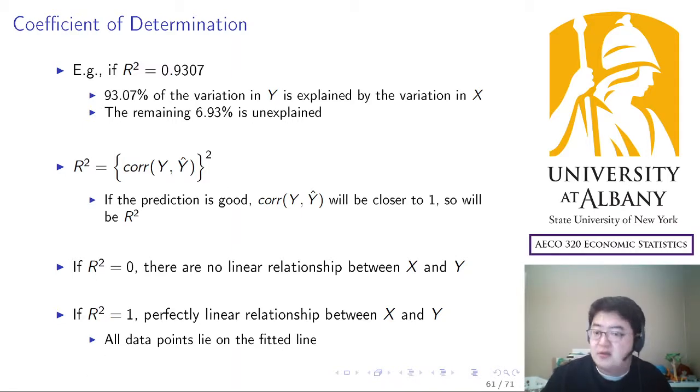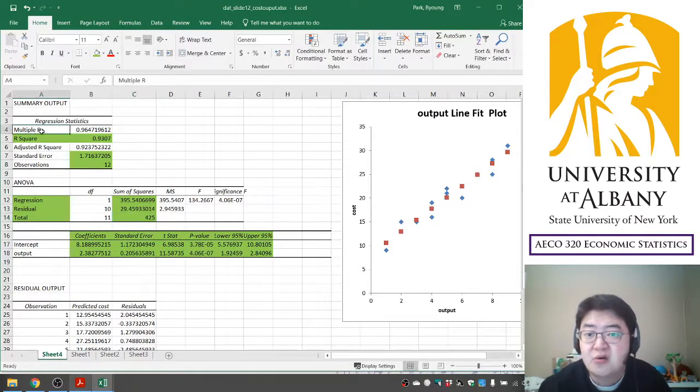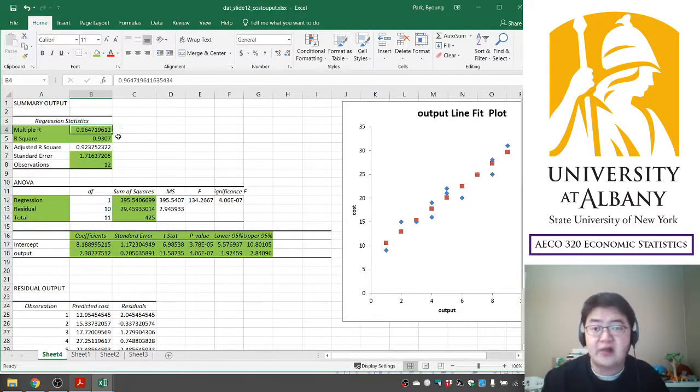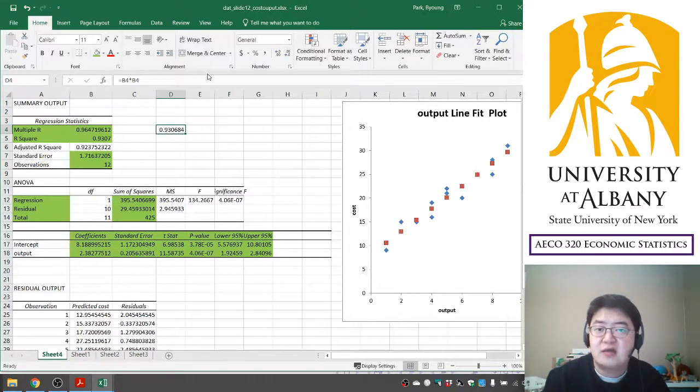The correlation is also given here: multiple r itself is the correlation between the actual value and the fitted value. If you square this, you get that. As it should be, these two are the same.